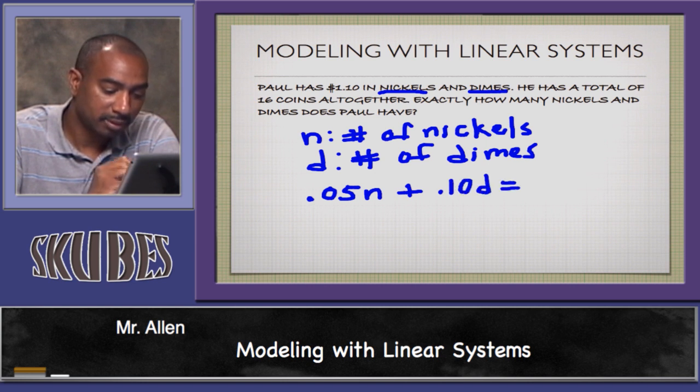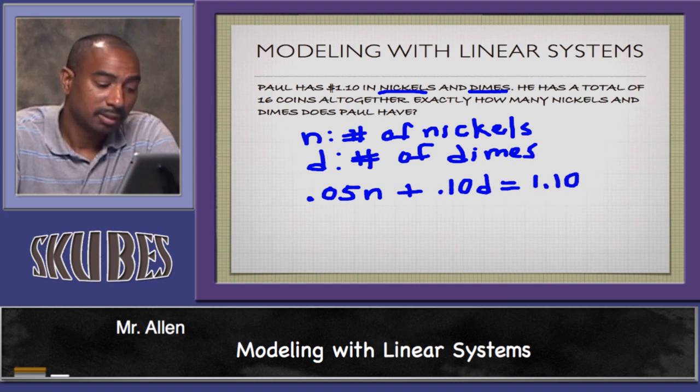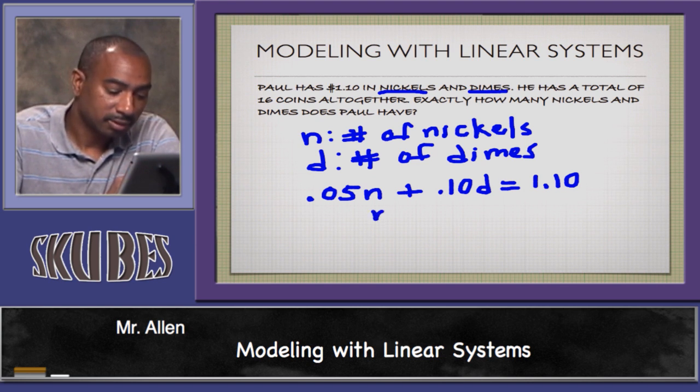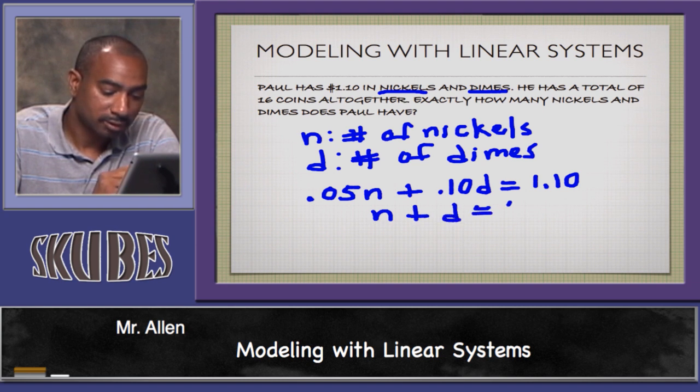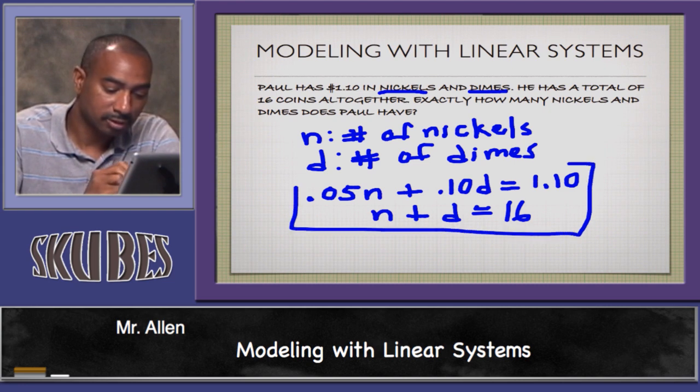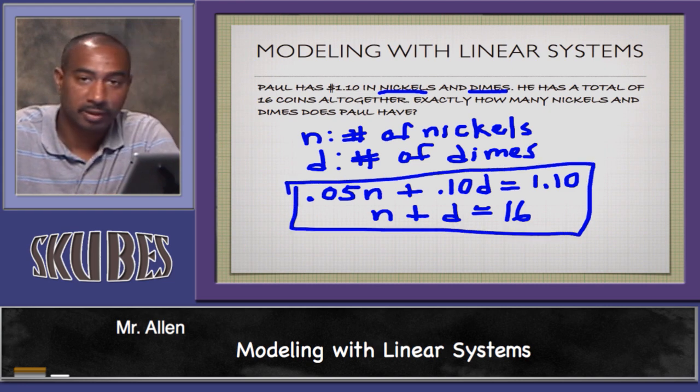We know that amount has to equal $1.10. And then we have quantity. We have exactly 16 coins, so the amount of nickels plus the amount of dimes must equal 16. And this is the system that we have to solve to figure out the amount of nickels and dimes.